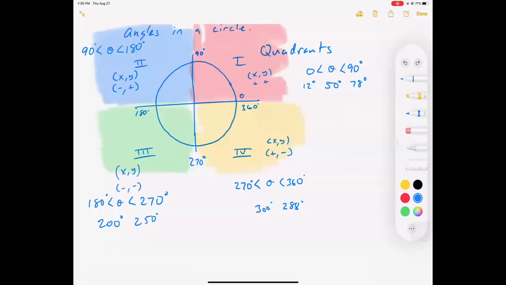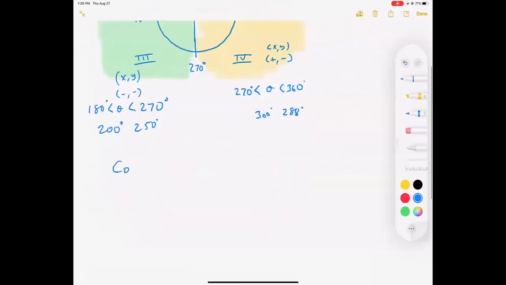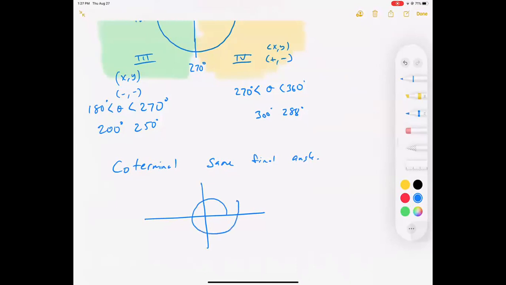So when we talk about coterminal angles, which is my next word, coterminal, the idea is they have the same final angle. So whether in my example, I go 390 degrees, or I just turn 30 degrees, they both have the same coterminal angle.